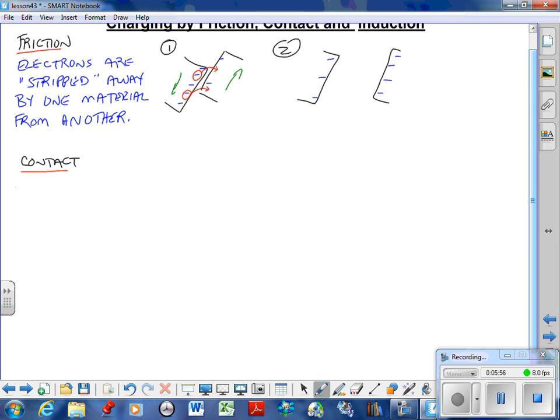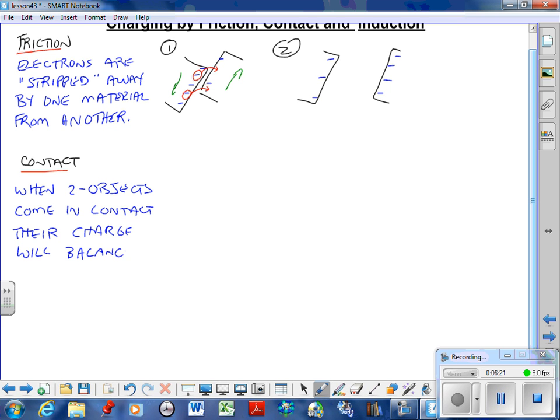Contact. When 2 objects come in contact, their charge will balance. So let's go back to the pith balls.